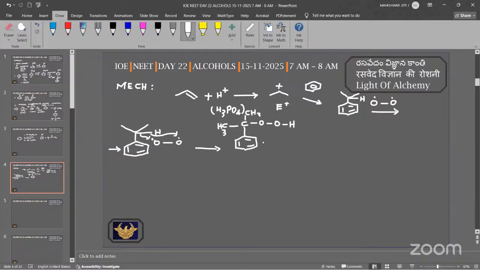See what we have taken here after this: dilute H2SO4. Dilute H2SO4 is a protonating acid. So H plus will be generated from the dilute H2SO4. That H plus interacts with one of the two lone pairs on the oxygen. That results in an oxonium ion.